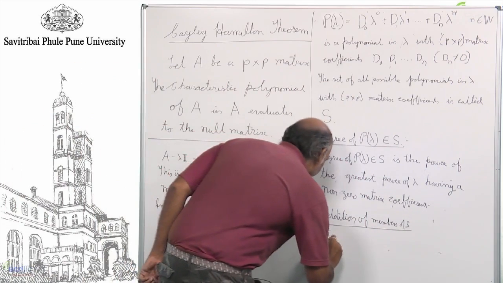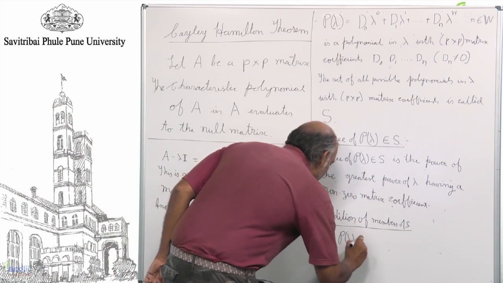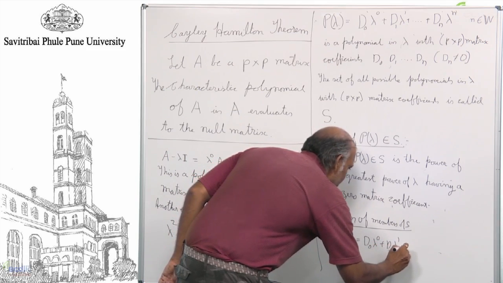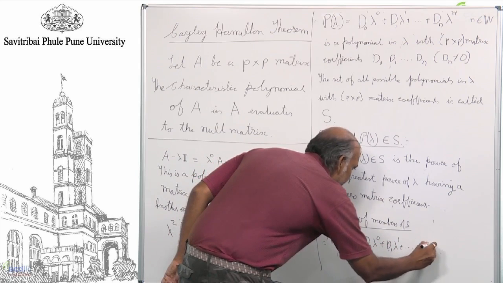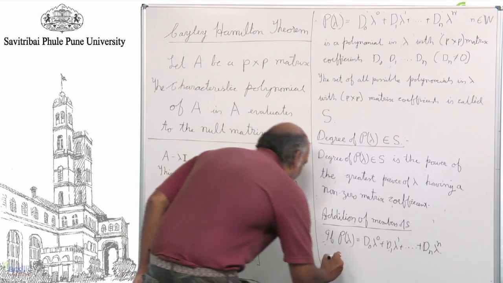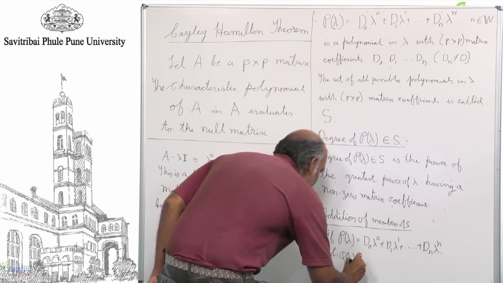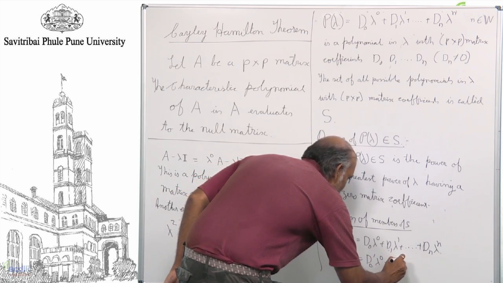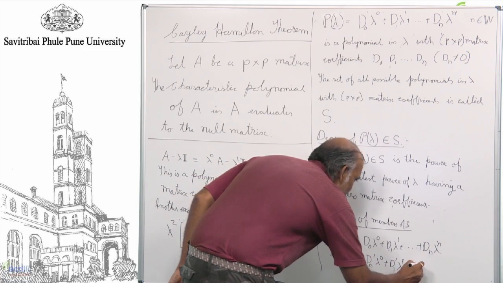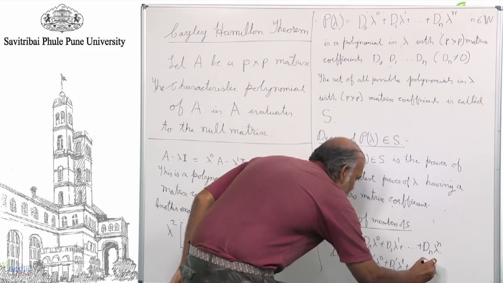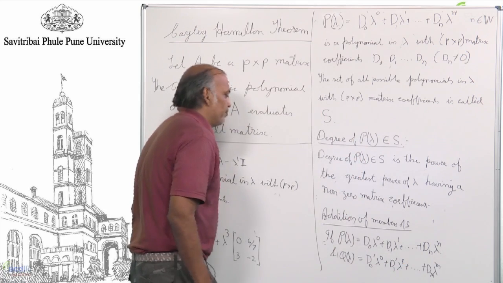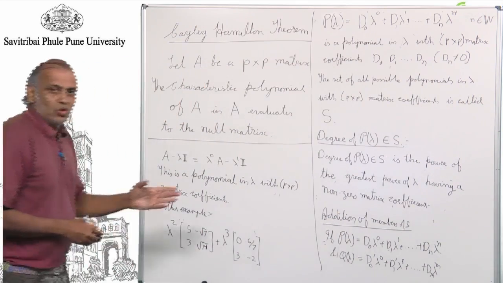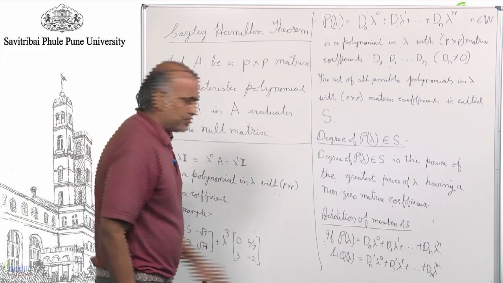So if script p of lambda is equal to d0 lambda to the power 0 plus d1 lambda to the power 1 plus dot dot dot plus dn lambda to the power n, and q of lambda equal to d0 dash lambda to the power 0 plus d1 dash lambda to the power 1 plus dot dot dot plus dm dash lambda to the power m, they are both members of S, where all these matrix coefficients are p by p, p is fixed.